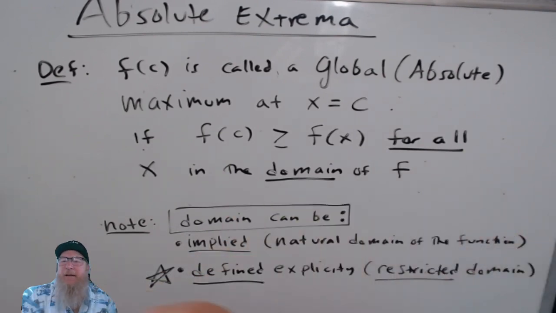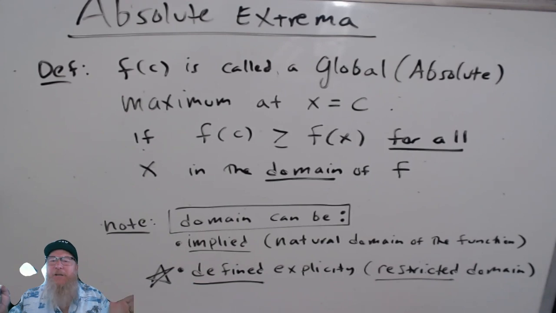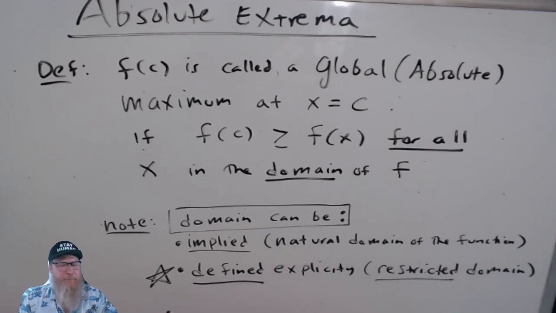You saw that in the last lecture with the application problems, where we said it has to be greater than 0, but less than, whatever, 5 or 12 or whatever. We put a boundary or a limit on how big the values can get. That's what we call a restricted domain.